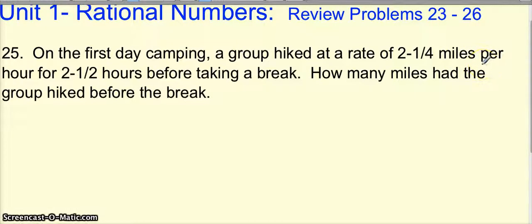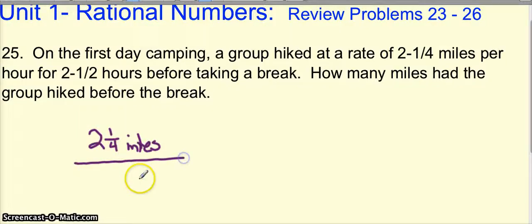So if I know that the group has hiked 2 1/4 miles per hour, and that word per means that you're going to divide. Now, what's not there is that we mean in 1 hour.